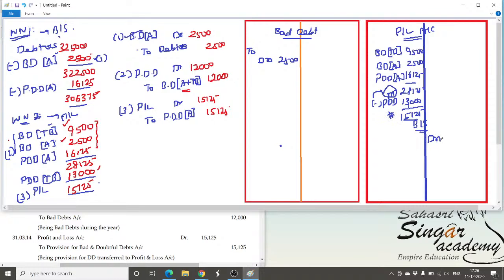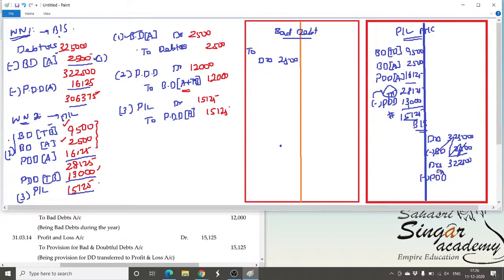How this will appear in the balance sheet? It's very simple. Debtors being 3,25,000, and minus bad debt being 2,500, 3,22,500. Actually, this is debtors. You need not show this at all. And minus PDD, if any, can be subtracted.